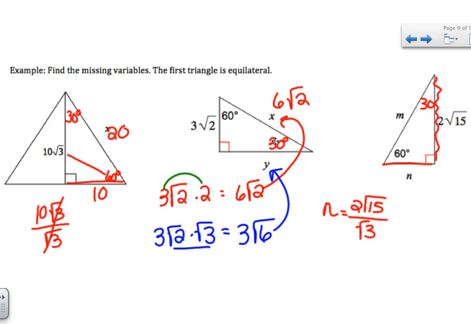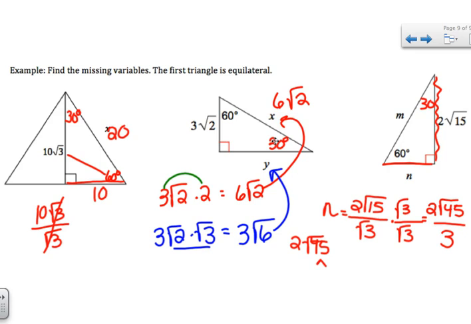Now I'm going to have to rationalize the denominator and multiply by the square root of 3 over square root of 3, which would give me a 3 in the denominator. 3 times 15 is 45, so I have 2 root 45. Now I have to break down 45. Gotta simplify 2 root 45.